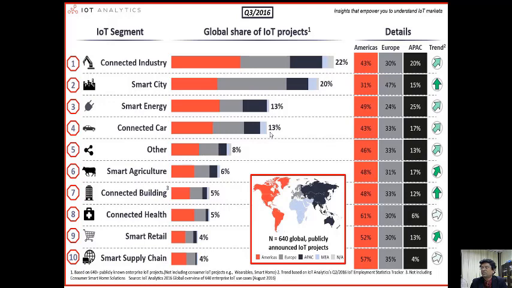Connected cars 13%, and others 8%. So there are also a large number of applications in agriculture, connected buildings, connected health, smart retail, and smart supply chain. So huge potential in all these segments.